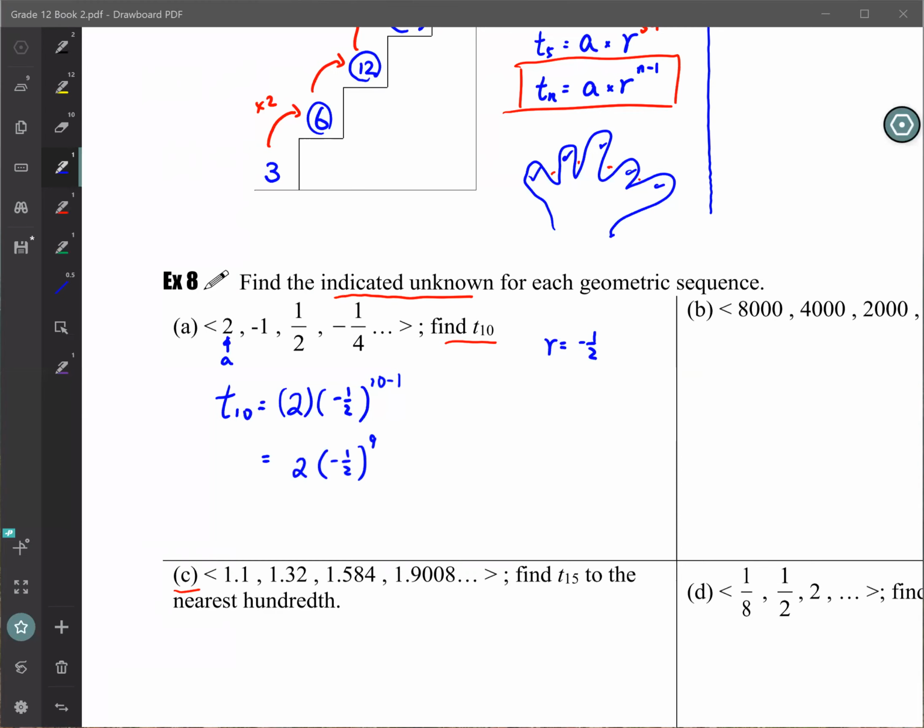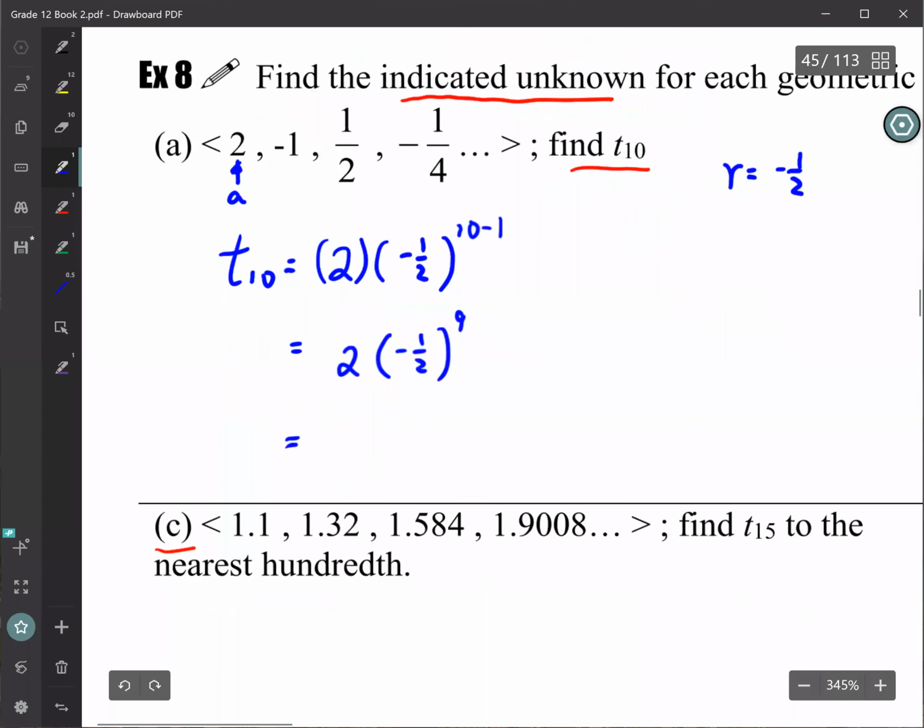Because the exponent is an odd number, your answer should be negative. If it's an even number, then the answer will be positive. So it'll be negative something. Raise your hand when you find the answer.